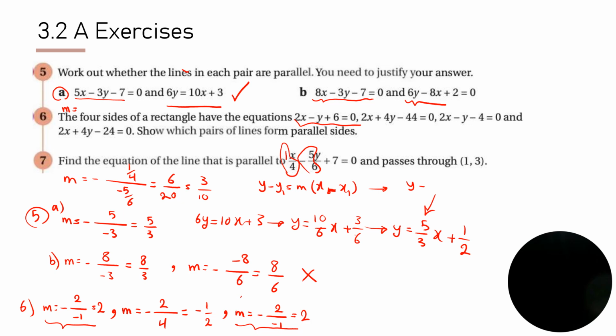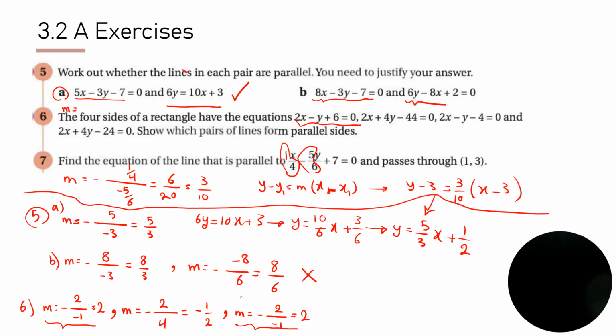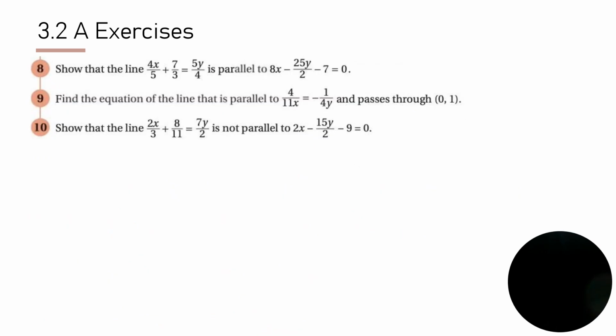Substitute the values. y minus 3 is equal to 3 over 10 times x minus 3. I separate the answer of question 7 from the other questions. Okay, that's up to question 7. Now next slide.